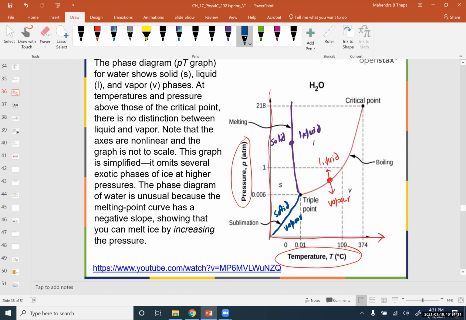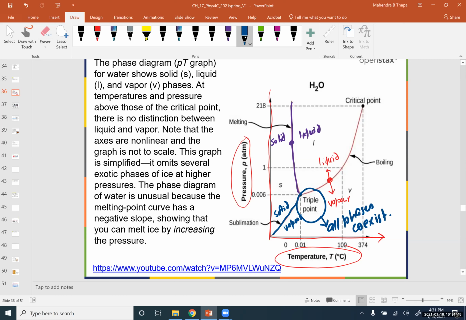If we extend all these curves, the melting curve, boiling curve, and sublimation curve, they meet at a particular point. This is called the triple point. The triple point is a particular point where all phases coexist.